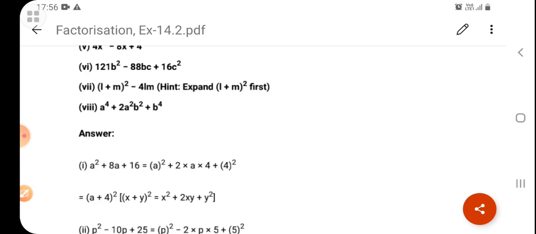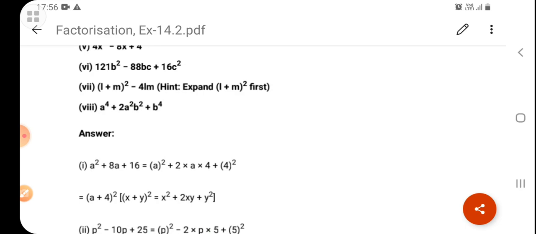Okay. So here you can also apply the formula of a plus b's whole square. Okay, because here a square plus 2ab plus b square, it is to be fit in this identity a square plus 2ab plus b square.